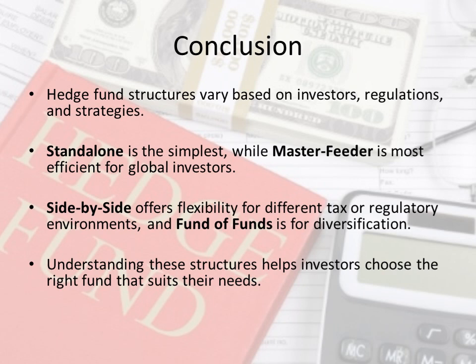Then we discussed master feeder hedge funds, which offer a way to manage large sums of money from different regions efficiently by funneling money into one big fund. Then we discussed fund of funds, which provide a way to spread risk by investing in multiple hedge funds but come with extra cost. The choice of structure depends on the hedge fund's goal and the needs of its investors.